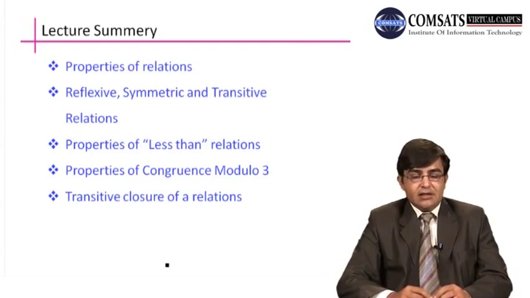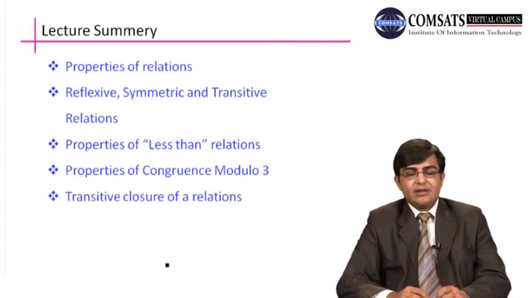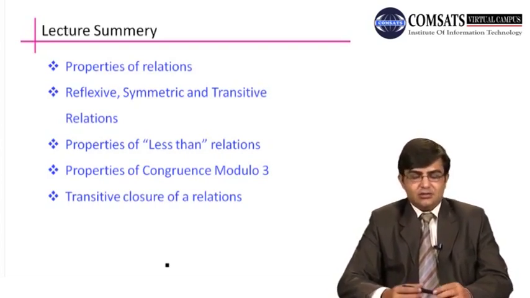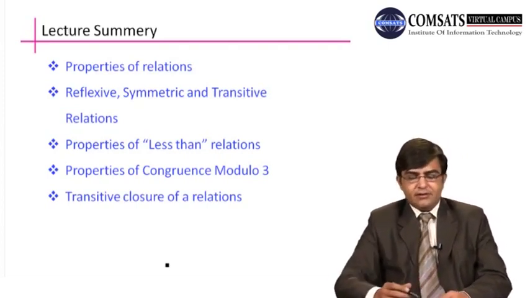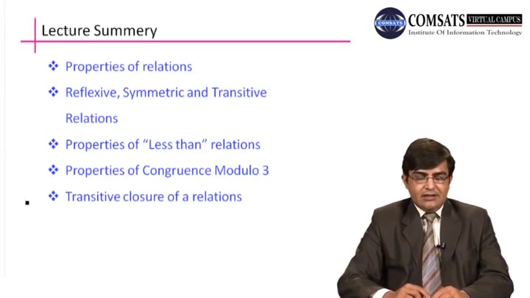We have discussed how to represent relations using digraphs. We have discussed some properties of relations: reflexive, symmetric and transitive properties. We have discussed the less than relation and the congruence modulo 3 relation. We shall discuss the transitive closure of a relation in the next lecture, because today we don't have enough time.